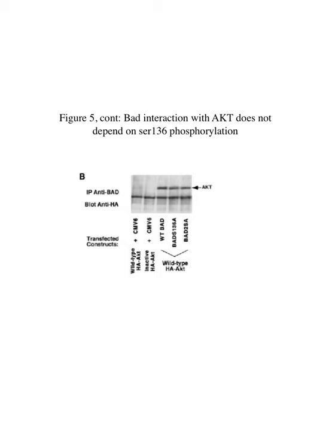So same kind of experimental design as before. We co-transfect our AKT with our different versions of bad, and then we use bad antibody to immunoprecipitate, and then we can Western blot AKT as we show here in the presence of bad.